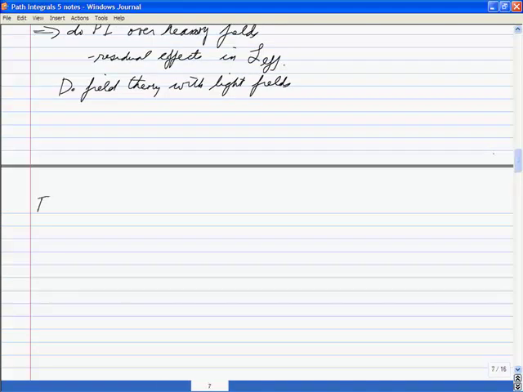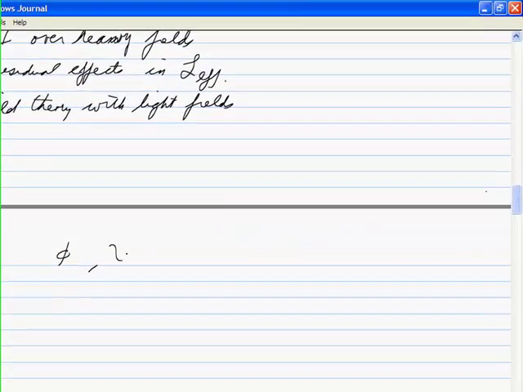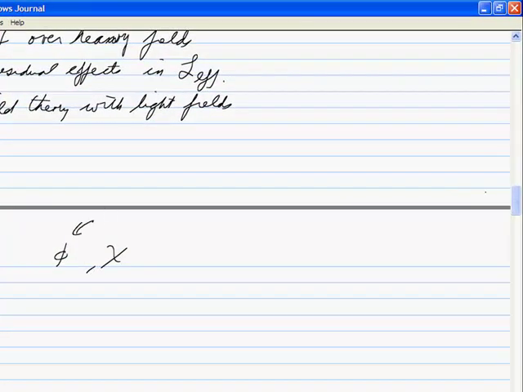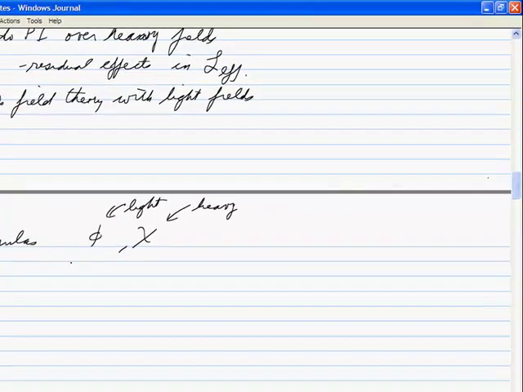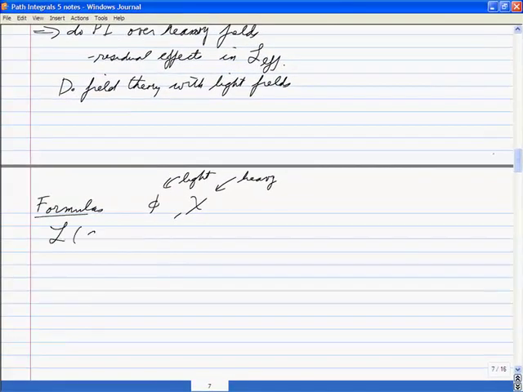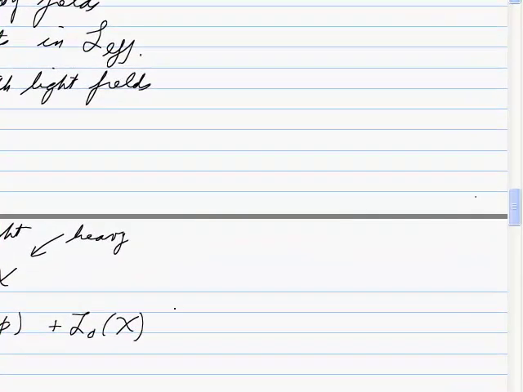So here are formulas. Let's imagine we have two fields, phi and chi. Okay, and I'll take phi to be light, and I'll take chi to be heavy. Okay. So the Lagrangian of these two fields, phi and chi, well, there'd be something, let's call it L0 of phi. There'll be some piece that only depends on chi, and there'll be some interaction piece between the two that involves phi and chi.